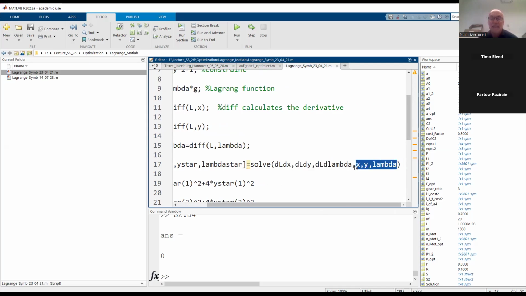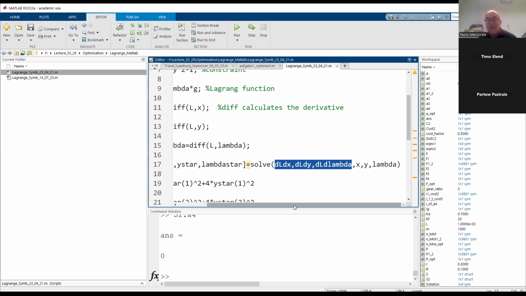In this case, I don't think that you need to specify the argument of the system because we have just x, y, and lambda, but just to show you a little bit more options. Solve understands that the system is characterized by the expression of L with respect to x, L with respect to y, and L with respect to lambda, all equal to 0.